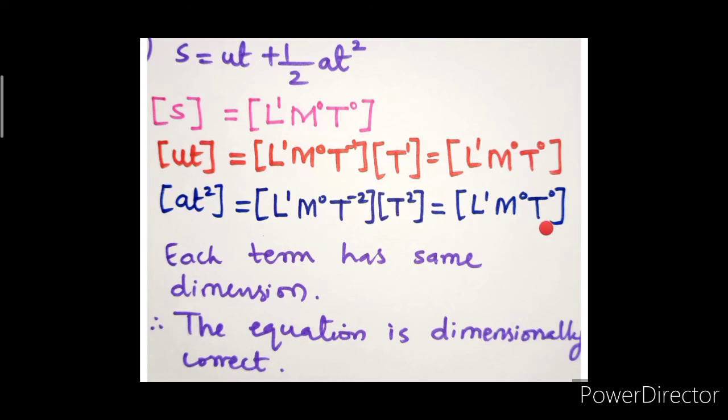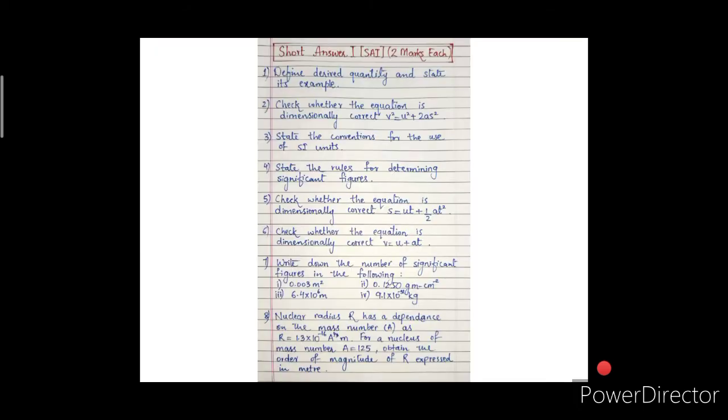So the dimension of each term we get as L1 M0 T0. Here the dimensions of each term are the same and hence we can say that the equation S is equal to ut plus half at square is dimensionally correct.